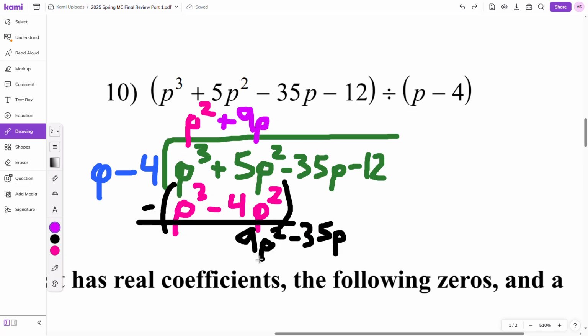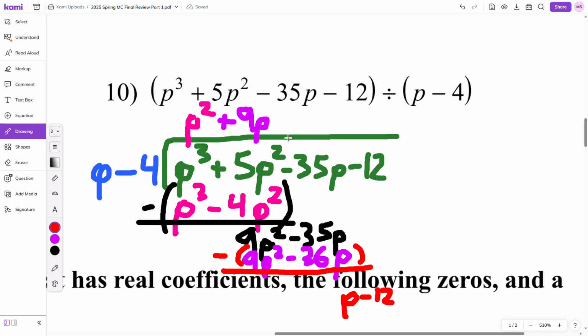So 9p times p is 9p squared minus 36p. But we're going to subtract this, and that means we add 36p. So 36p minus 35p, that's just p. And so we're left with p minus 12.